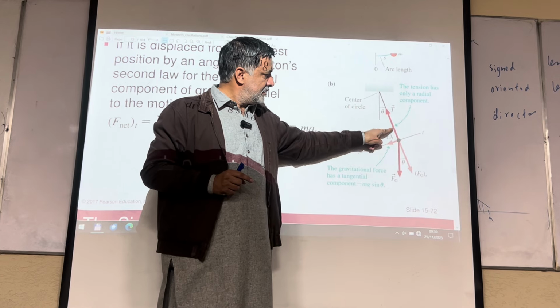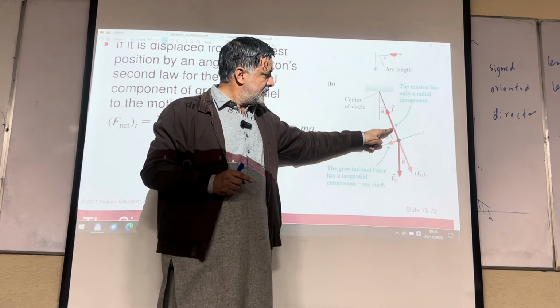Remember, it has the tension force. So if you decompose this gravitational force, one will be in such a way that it will be balanced by the tension force. So as far as these two forces are concerned, they are balanced. So this block or this particle cannot move in these two directions, right?